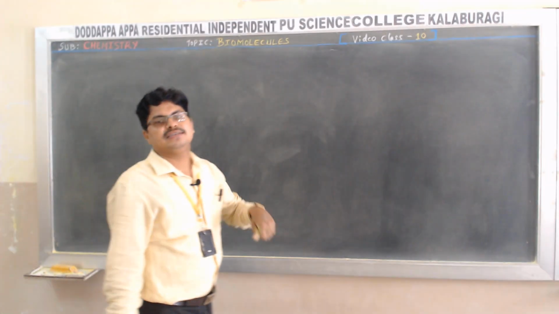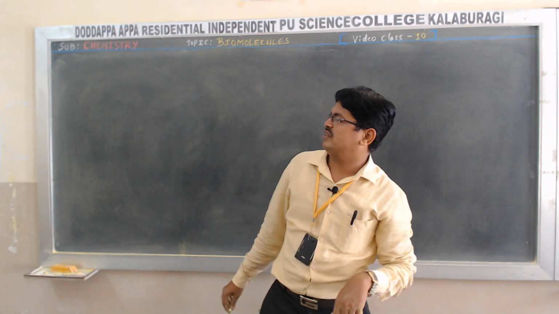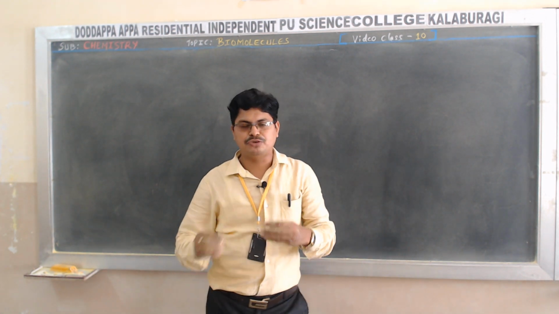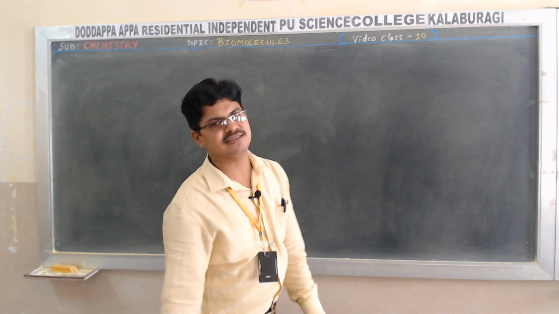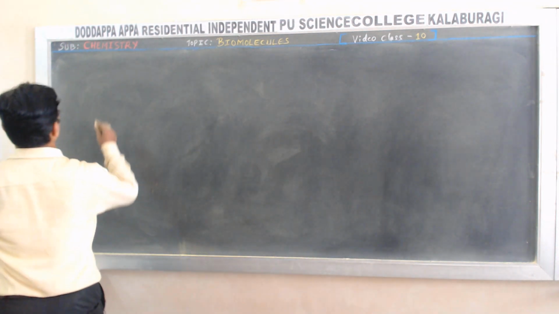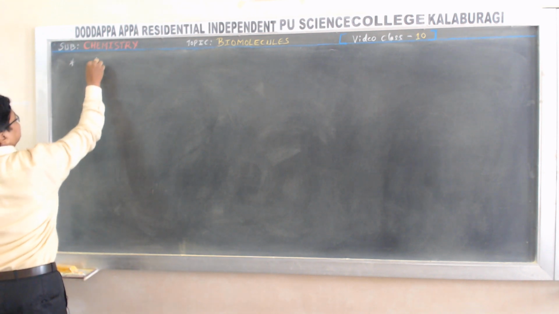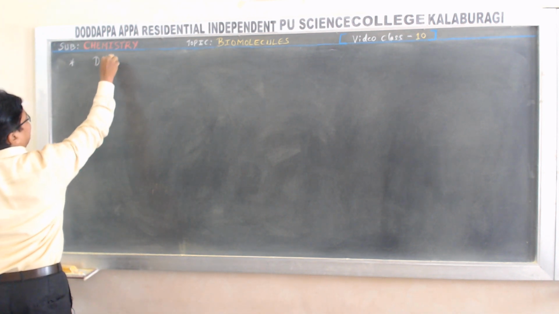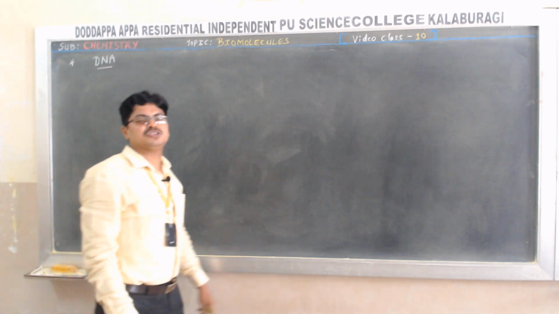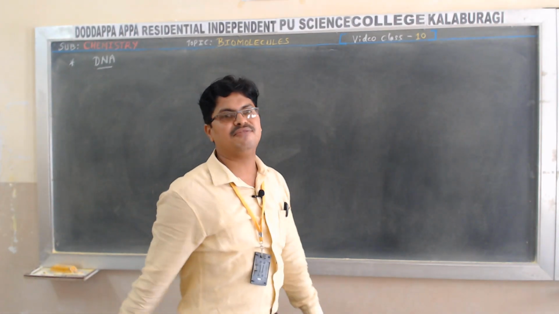Yes, students, after knowing the structure of dinucleotide, now it is time to focus on the structure of nucleic acids. As we know, nucleic acids are of two types, DNA and RNA. So, structure of DNA, structure of RNA.